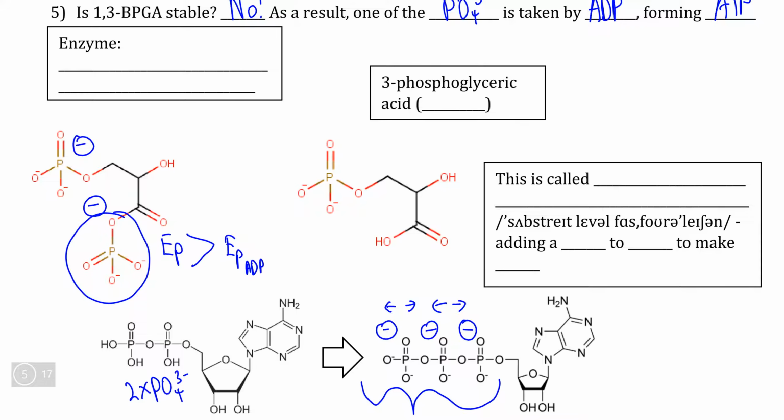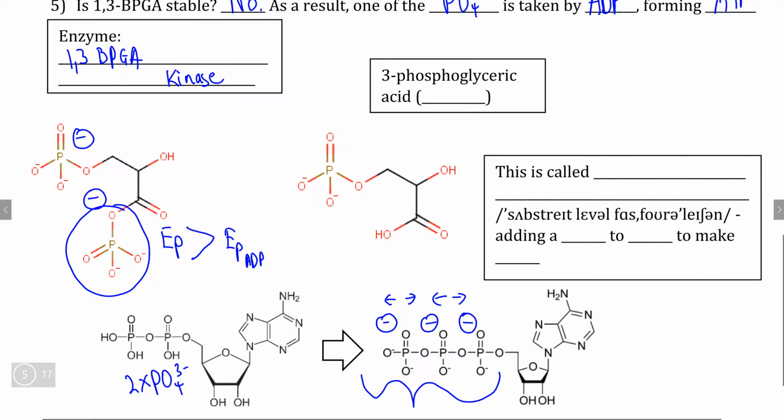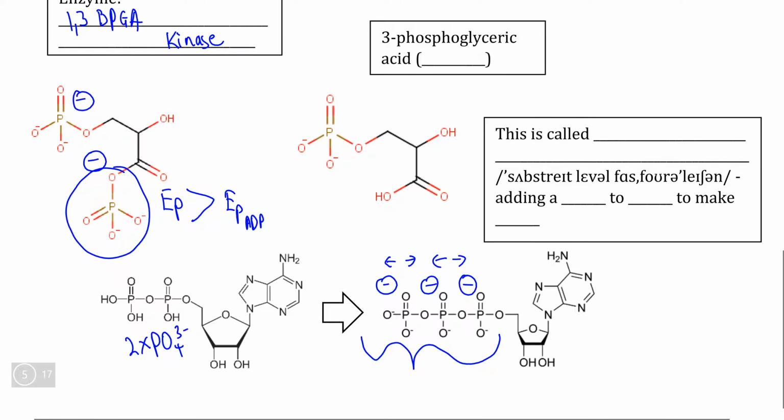And we'll take a look at what exactly is needed to do this. So the enzyme that is required, again, whenever we have a transfer of a phosphate, we're going to involve a kinase enzyme, and in this case the target, of course, is 1,3-BPGA kinase. So we're going to have a phosphate transfer with this molecule as the target.